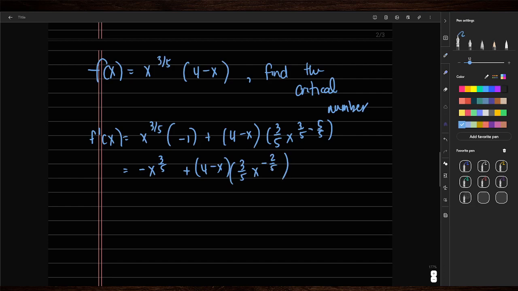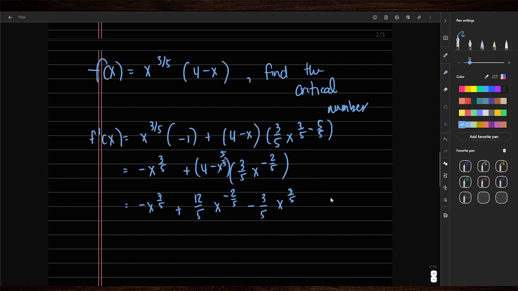So going along with the equation, this becomes 12 over 5 x to the negative 2/5, and this becomes negative of 3/5, so this becomes 5 over 5. So we will add the fraction, and this becomes 3/5.